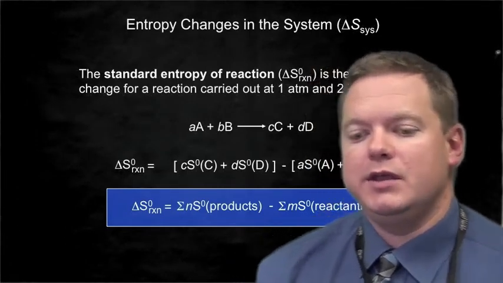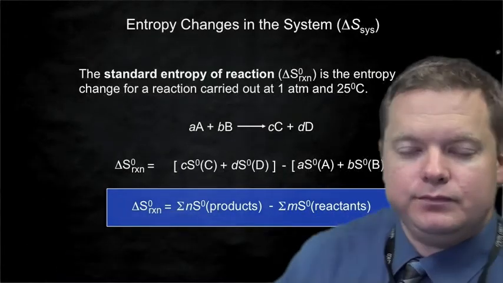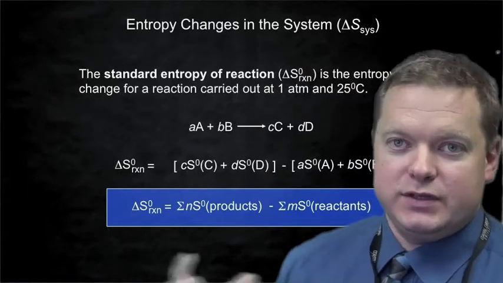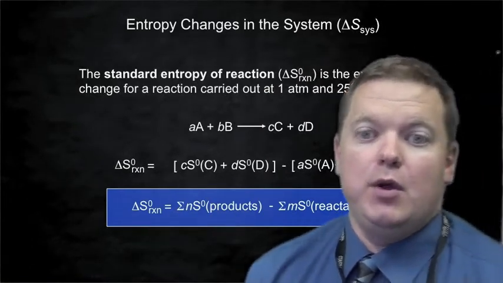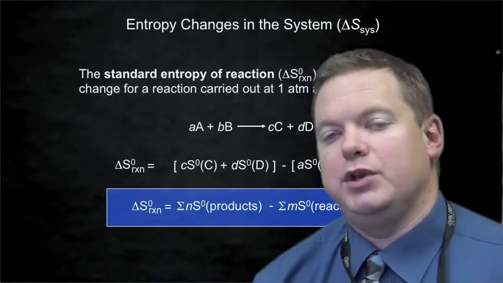We can calculate this in the same way we have enthalpy: the change in entropy of the reaction is the sum of the entropy of the products minus the sum of the entropy of the reactants. The same process we do.